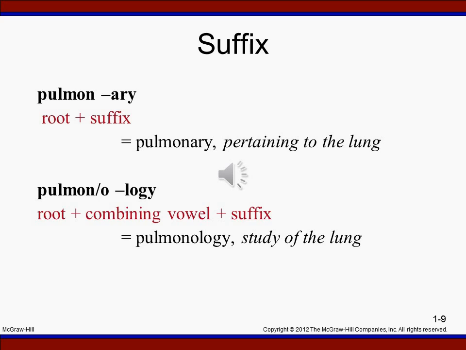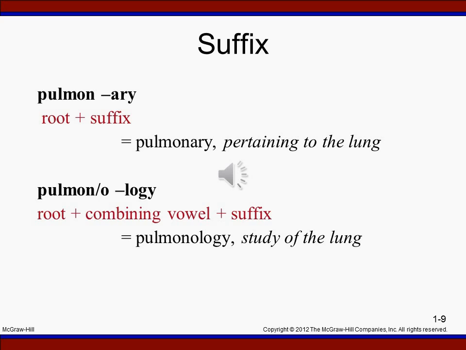Here's an example here, pulmonary. The root there is pulmon, P-U-L-M-O-N, and there's the suffix A-R-Y. Pulmonary. The suffix A-R-Y means pertaining to the lung. So with the word pulmonary, the suffix A-R-Y begins with a vowel. So no combining vowel is needed.